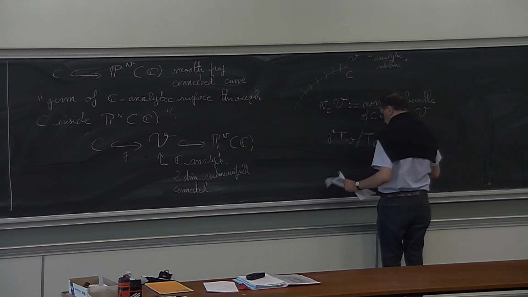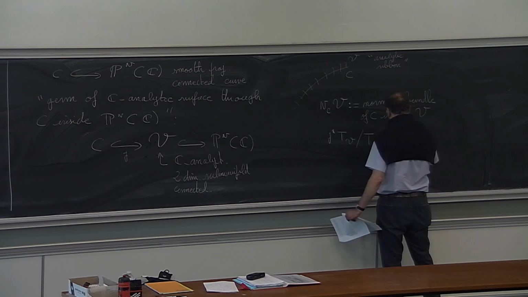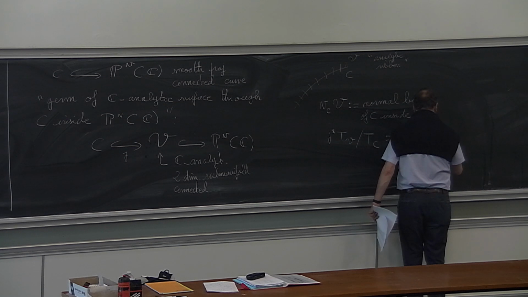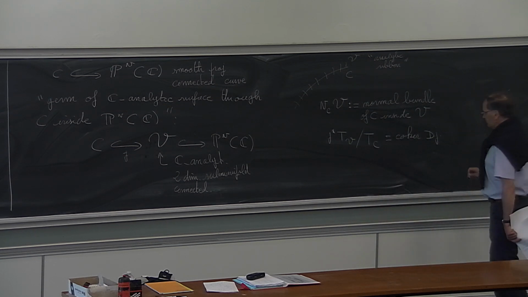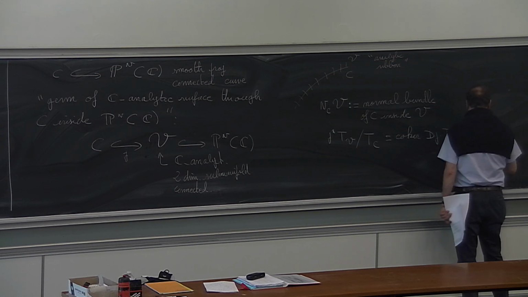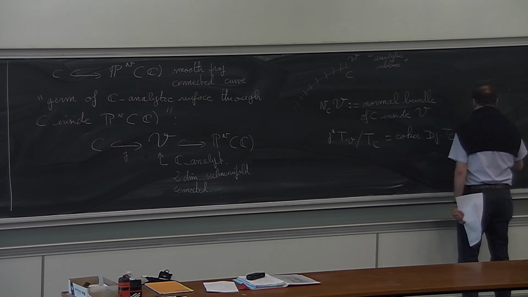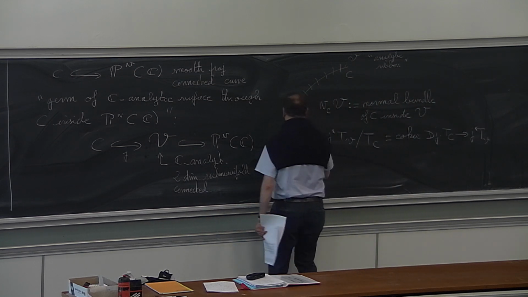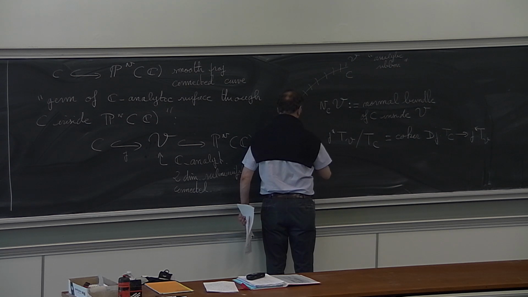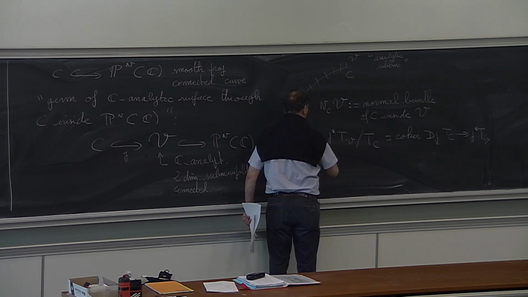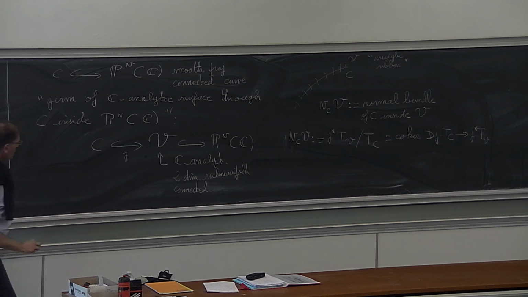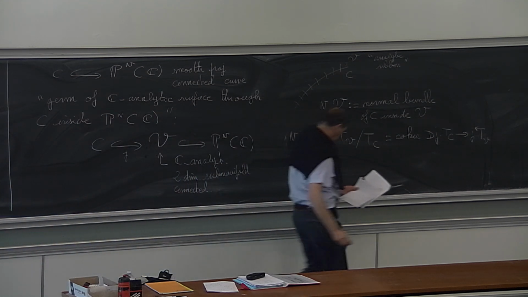Or more formally, you may consider the cokernel of the differential of J, which maps TC into the restriction of TV. So it is a line bundle over the curve C.